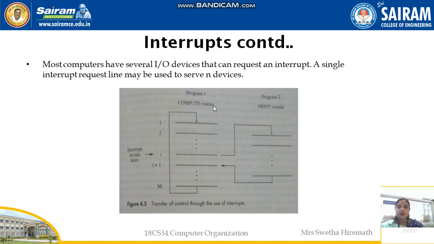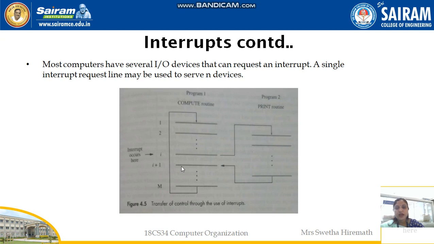Whatever has been computed, the lines that have been computed, have to be given to the print routine, and the print routine executes the print statements, and the lines passed from the compute routine will be printed. So this is the scenario of the program. Once the processor executes the ith instruction, there will be the interrupt from the print routine.